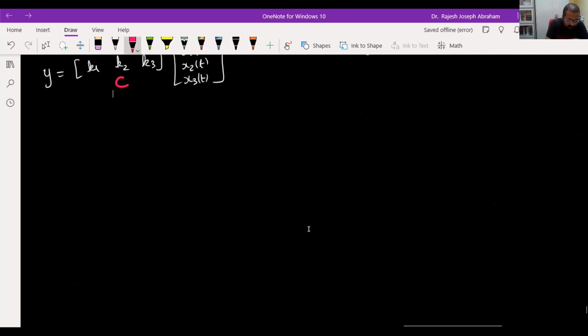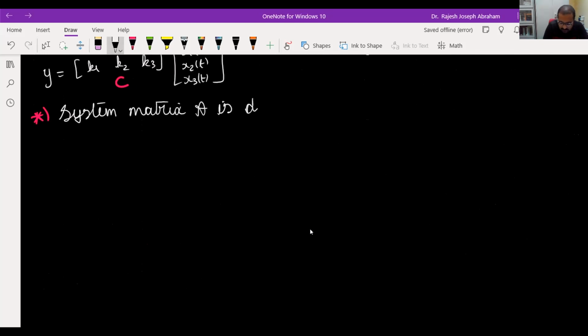So as a point, let me note it down here: system matrix A is diagonal with eigenvalues as diagonal elements.